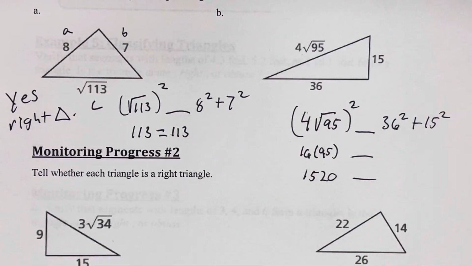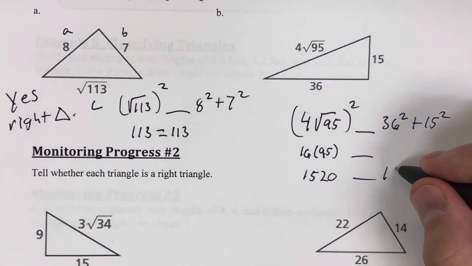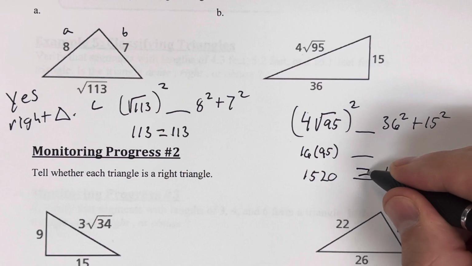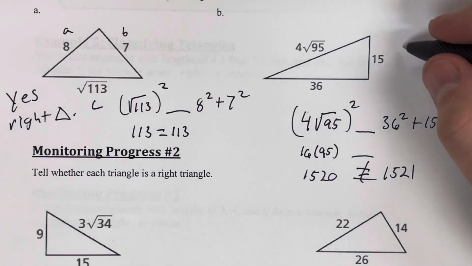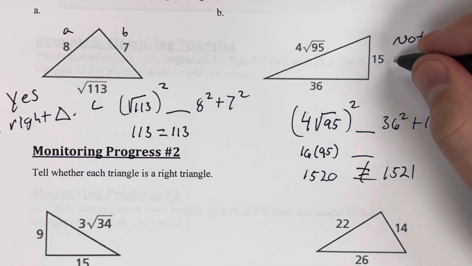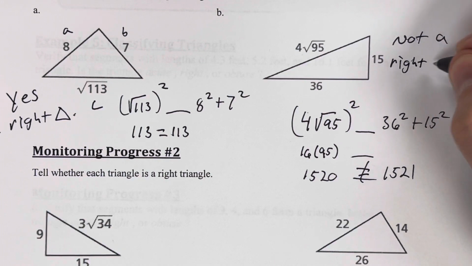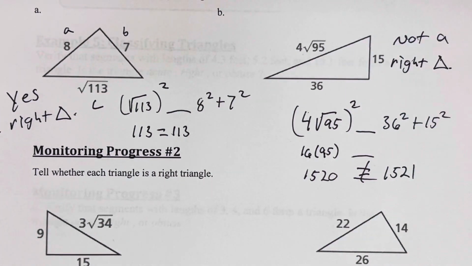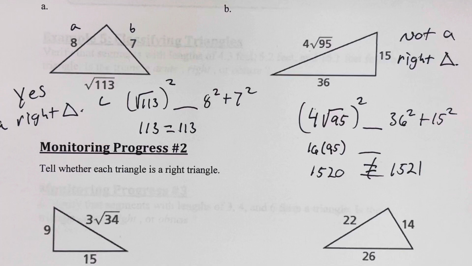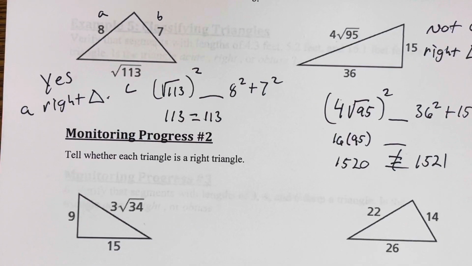See if that's equal to 36 squared plus 15 squared. Using a calculator for that, I get 1521. So those are not equal. So it is not a right triangle. Okay? C squared is not equal to A squared plus B squared. Go ahead and hit pause and give the next two a try on your own.